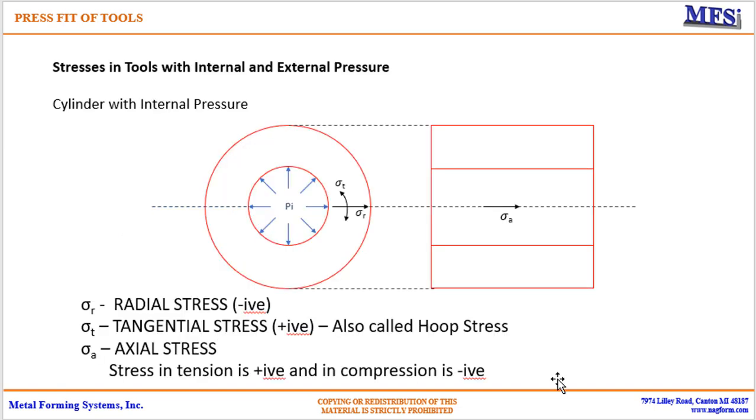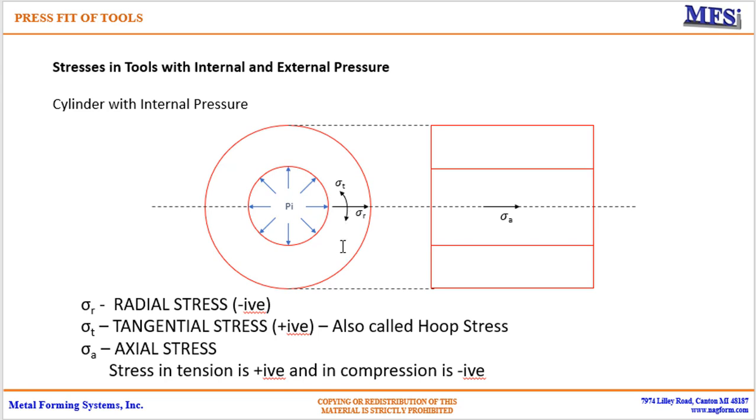If I look at the stresses in this one component, let's say the insert, and there is a pressure acting from the inside from the forming process, it ends up creating three types of stresses. The sigma A, which is the axial stress, sigma R, which is the radial stress in the direction of the pressure, and then sigma T, which is the tangential stress.